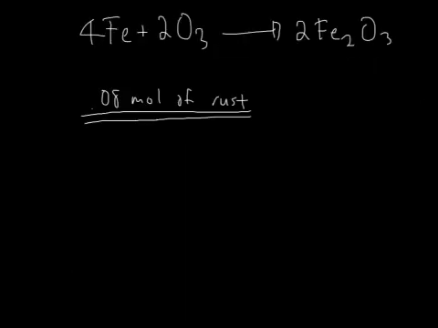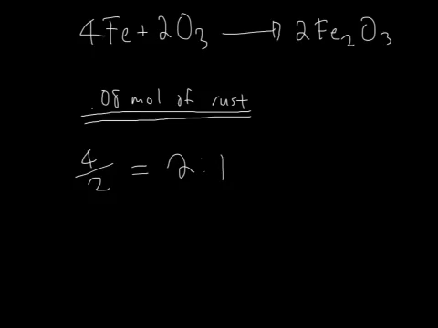So remembering that we have 0.08 moles of rust, we can look at the ratio. As you can see, 4 moles of iron give you 2 moles of rust, because it's 4 to 2, and this 4 to 2 ratio simplifies to 2 to 1.